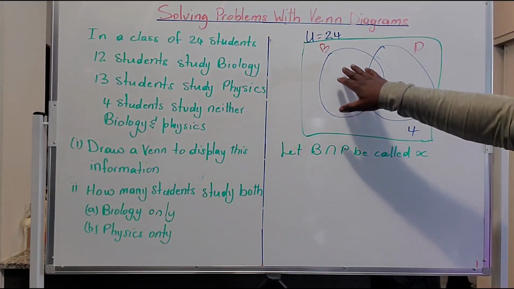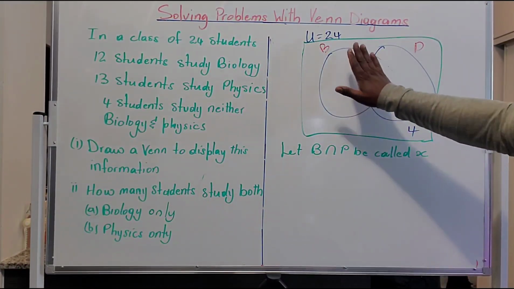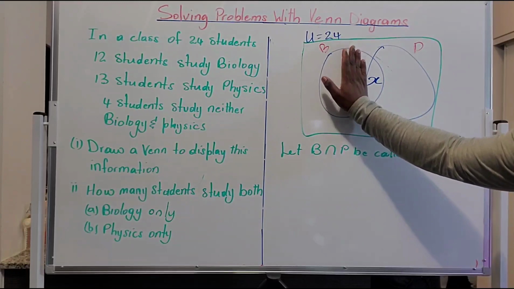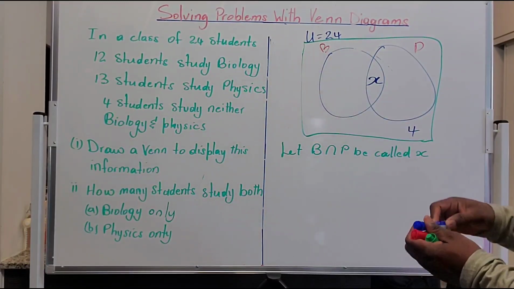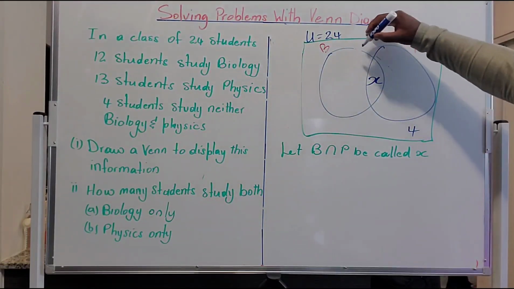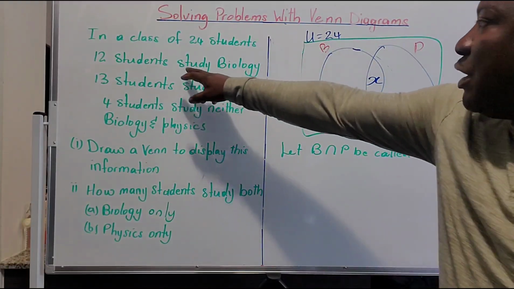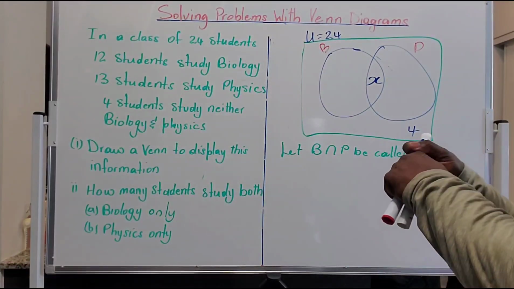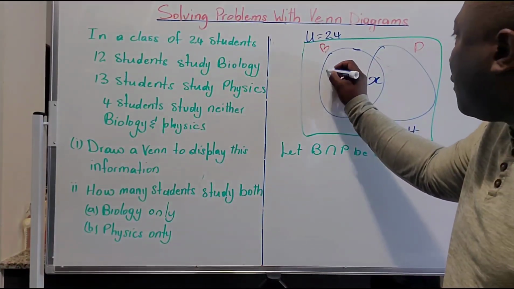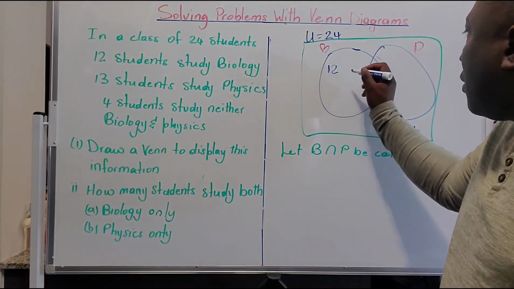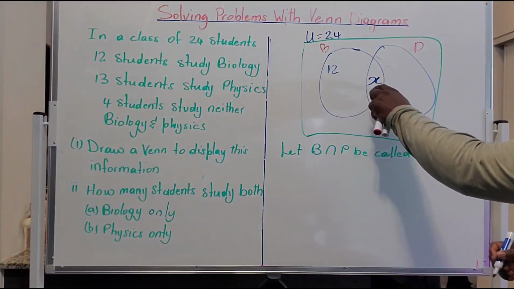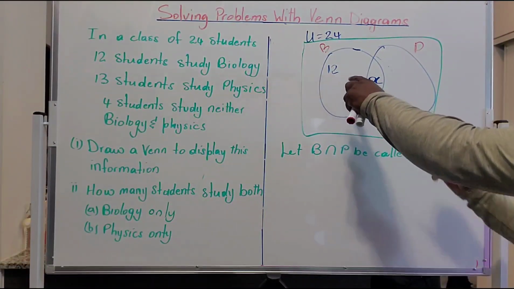It wants us to find biology only, which would be all of this area excluding the intersection. Therefore, how many students are focusing on biology? We know altogether there are 12. But of this 12, the X is also a part of this 12.